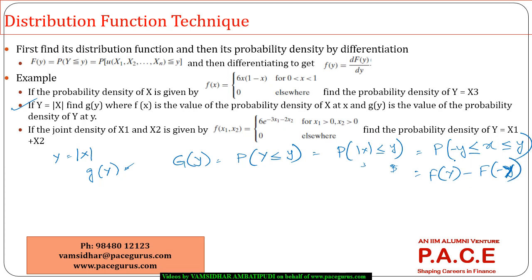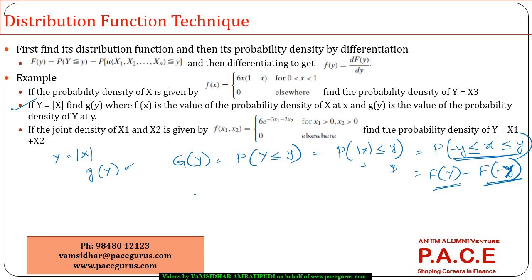Because we are talking of probability lying between minus y to plus y, I am finding the distribution function with respect to y, saying less than or equal to y, minus the distribution function of minus y, saying value less than or equal to minus y. So I can very well find F of y minus F of minus y. So this is the function that is coming.